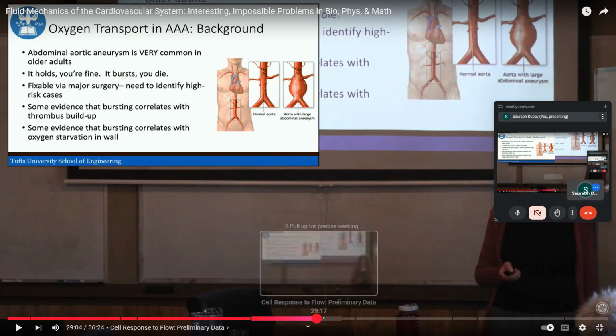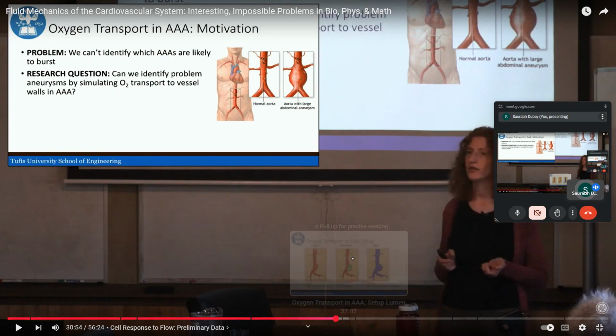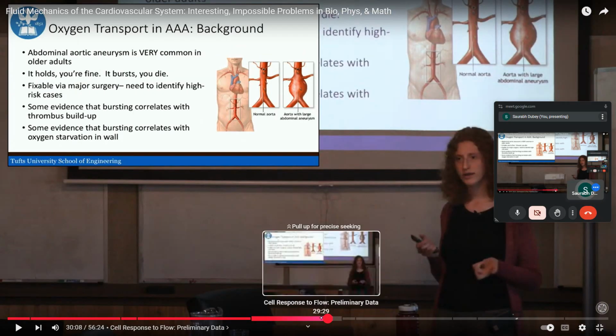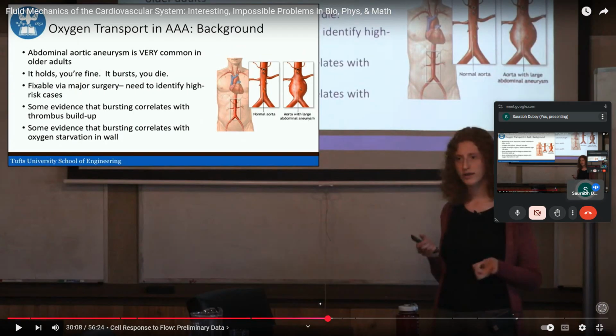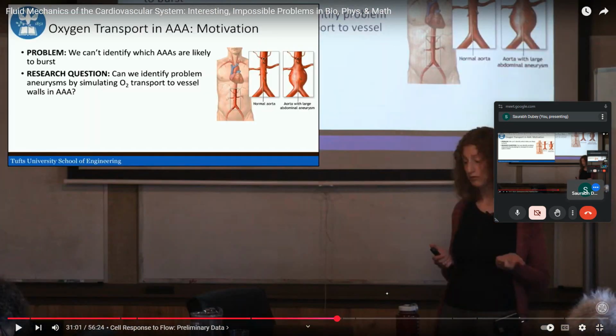let us see the next part that we will be going to discuss. So this was a very informative one. So now the research problem, based on this aneurysm, the one we were talking about, abdominal aortic aneurysm, is that we can't identify which abdominal aortic aneurysms are likely to burst.